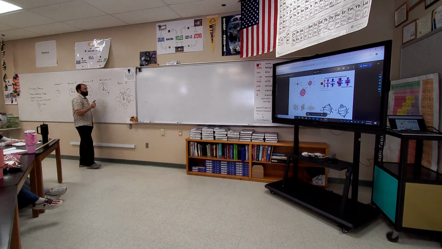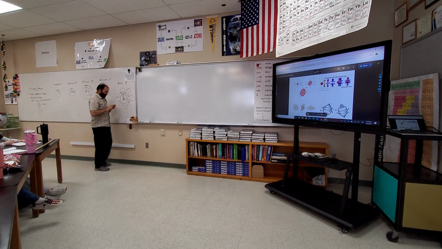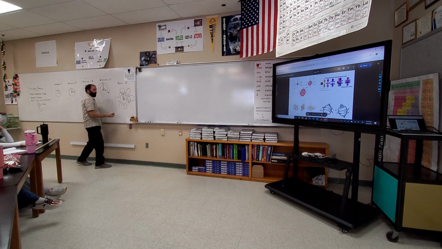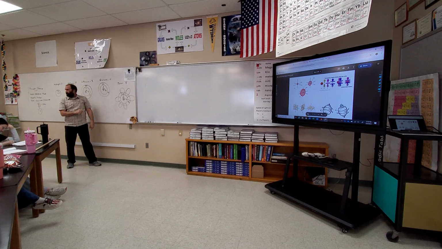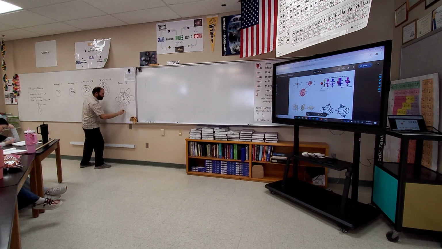But the important thing about the P shape, so if you look at one of these, this is one space that the electron can be in. And what direction is that pointing? Up and down. Okay? So is that X or Y?